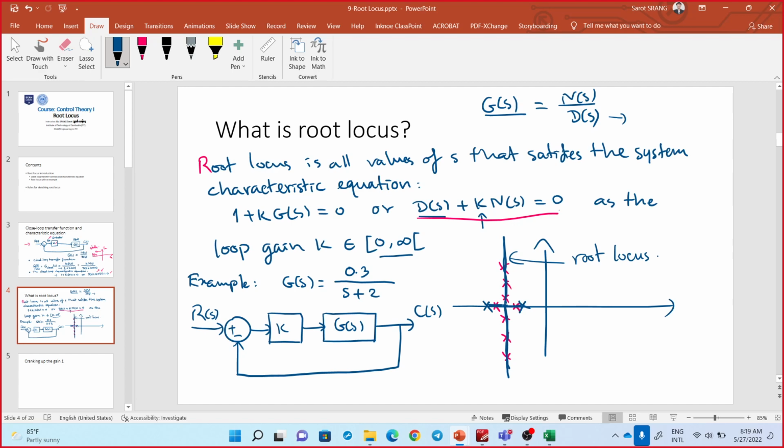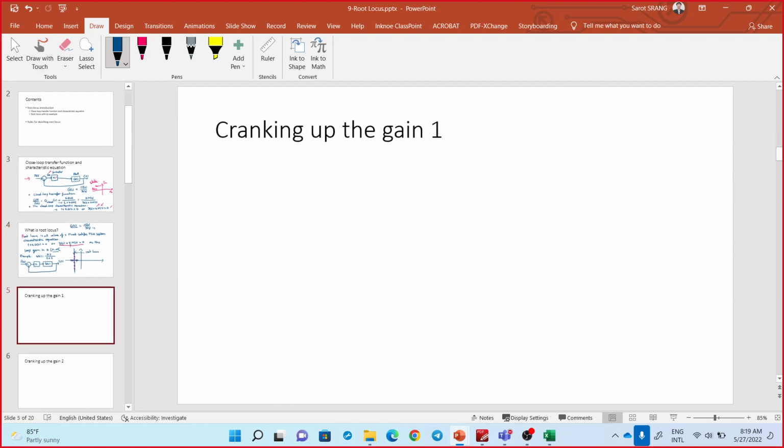So then we can easily find the Laplace transform of the error itself. You still remember?